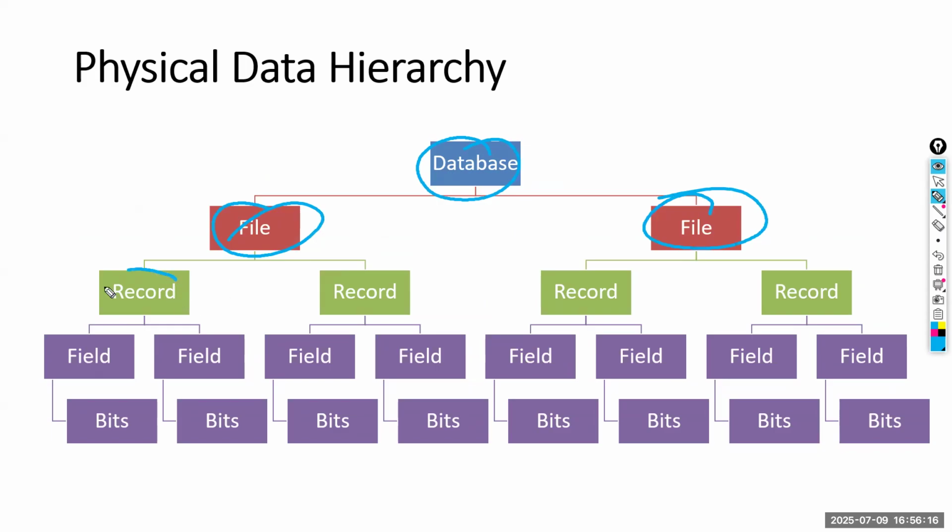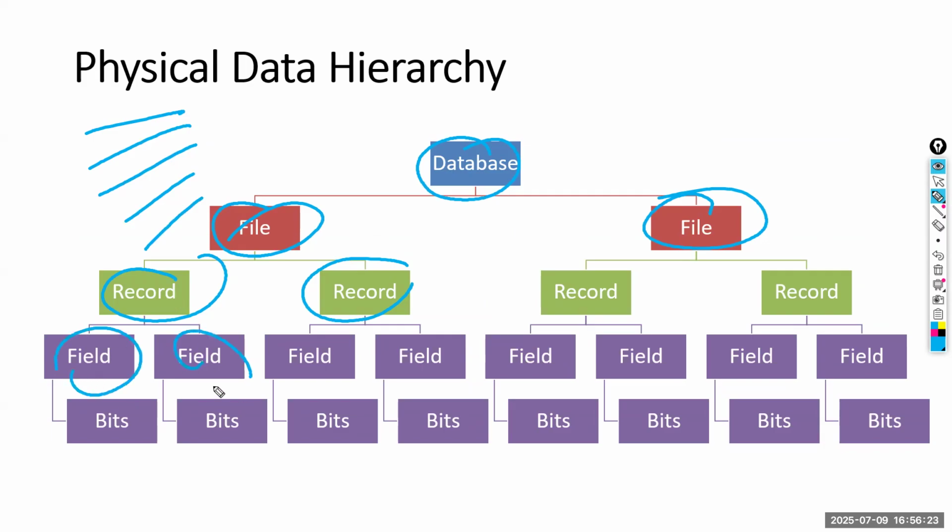Each file has records, and each record has fields. Because it is the physical layer, ultimately each field consists of a set of bits and bytes. So this is the physical data hierarchy. Rather than tables, now we look at it as files.